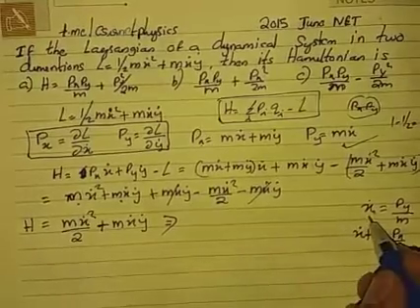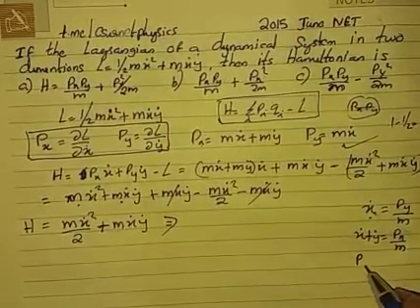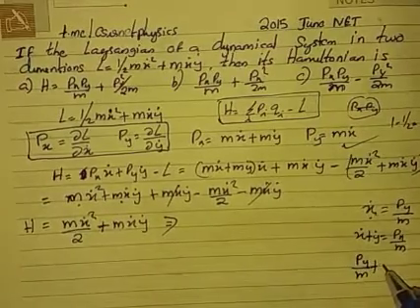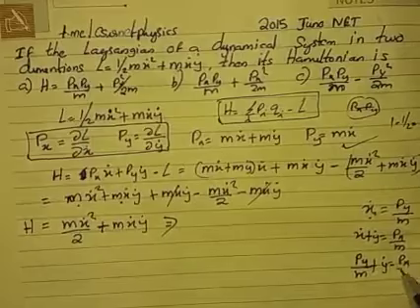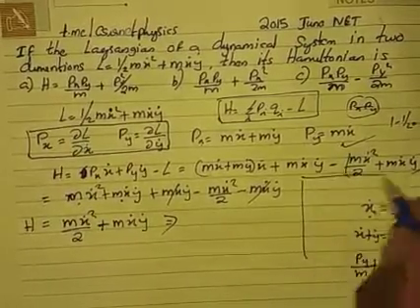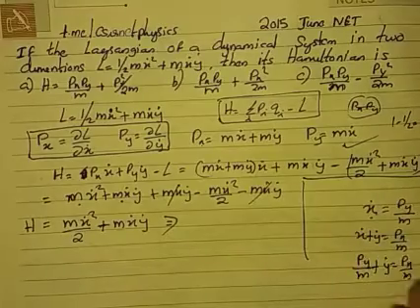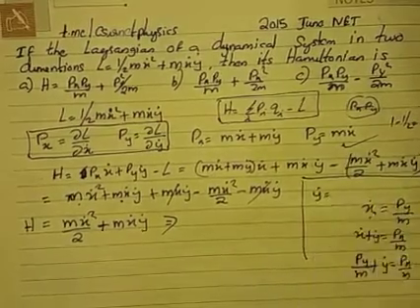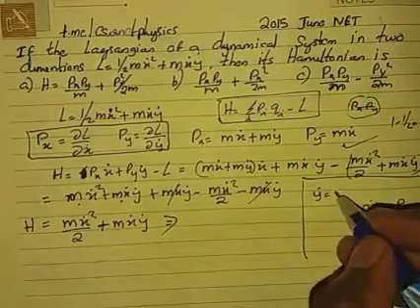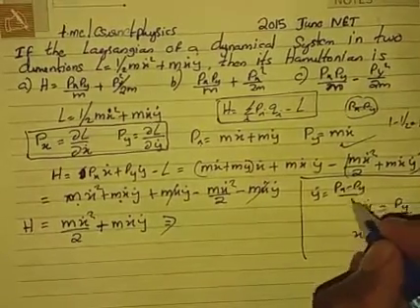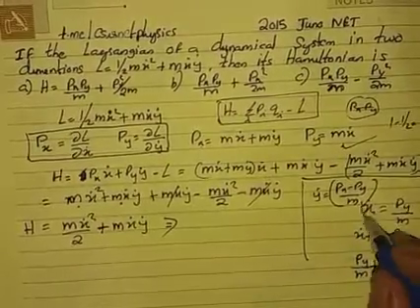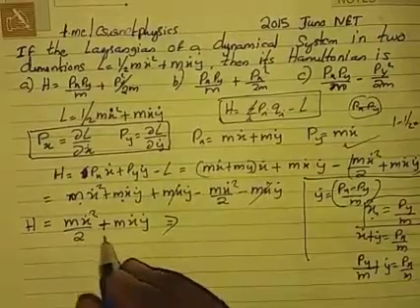So py by m plus y-dot is equal to px by m, which means y-dot is equal to (px minus py) by m. Now we have y-dot and x-dot, and we can substitute them back into this equation.